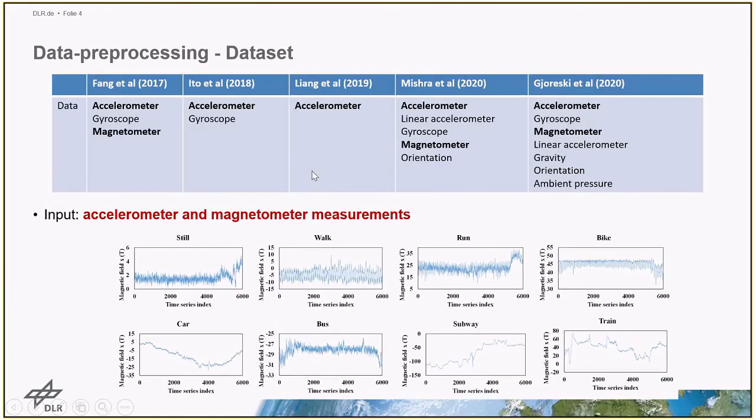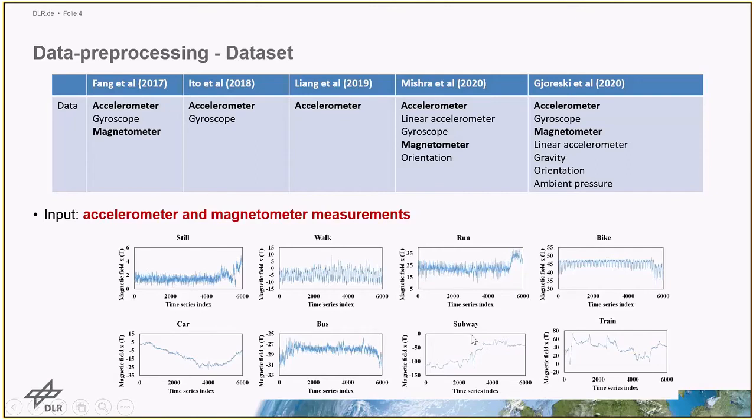Although the SHL dataset has data from 7 sensors, it doesn't mean that we must use them all. In previous research, accelerometer, magnetometer, and gyroscope are the most frequently used. In our paper, we only use accelerometer and magnetometer measurements as inputs.